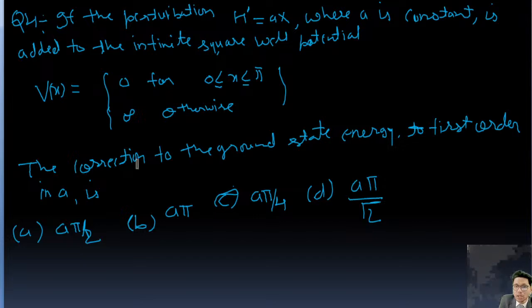Okay, the correction to the ground state energy to first order in A we need to find out, right? First order correction in ground state we need to find out, right?